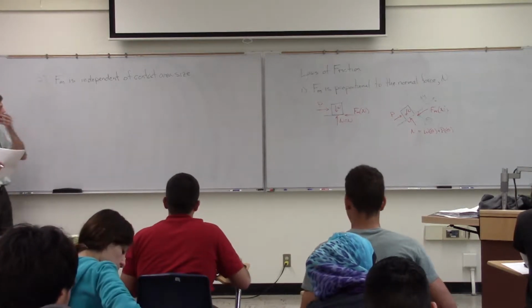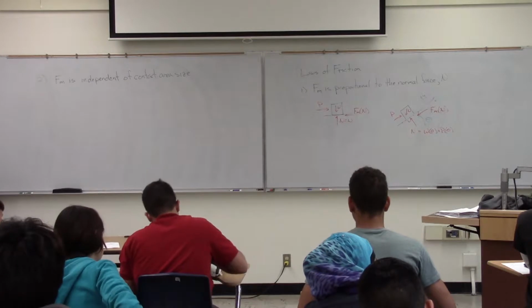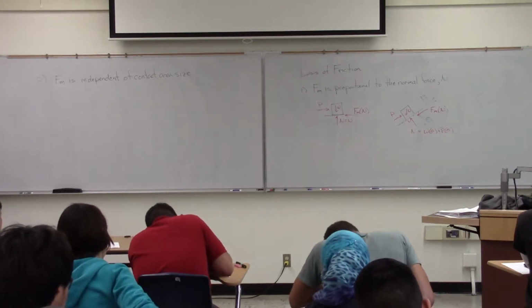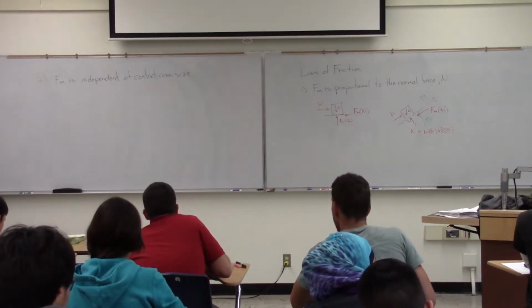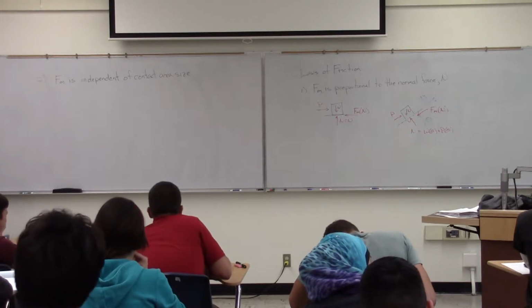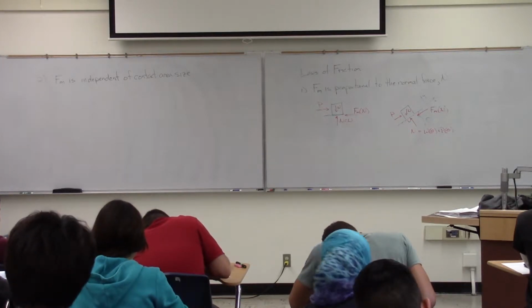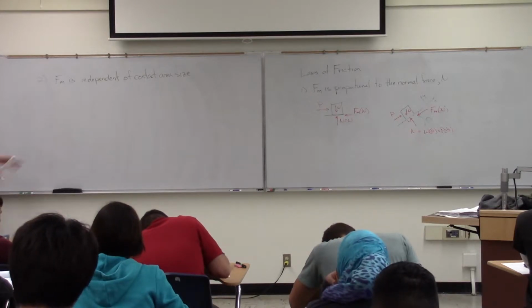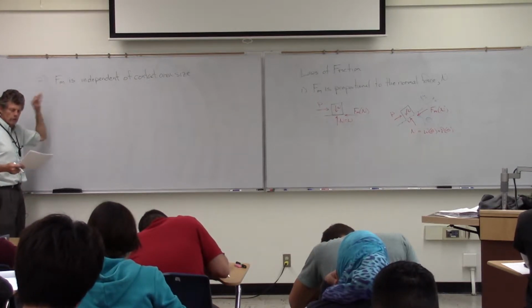What we find is that this maximum friction force is independent of the contact area size. So it can be a little bit or a lot. It's going to be the same Fm that I need to overcome to get that thing to move.